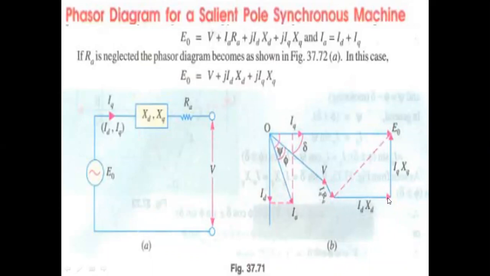So to ID XD, I add IQ XQ. After adding all, what will you get? V plus IA RA plus ID XD plus IQ XQ gives E naught. So from the start to the end of the vector IQ XQ, I have to draw E naught.